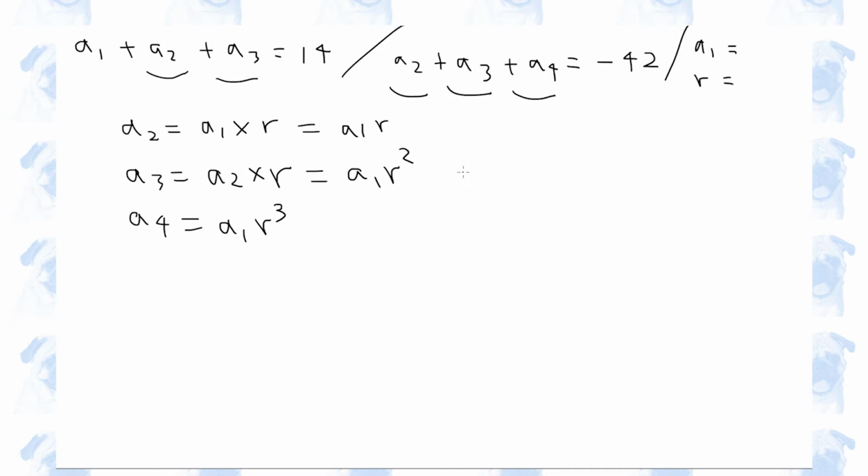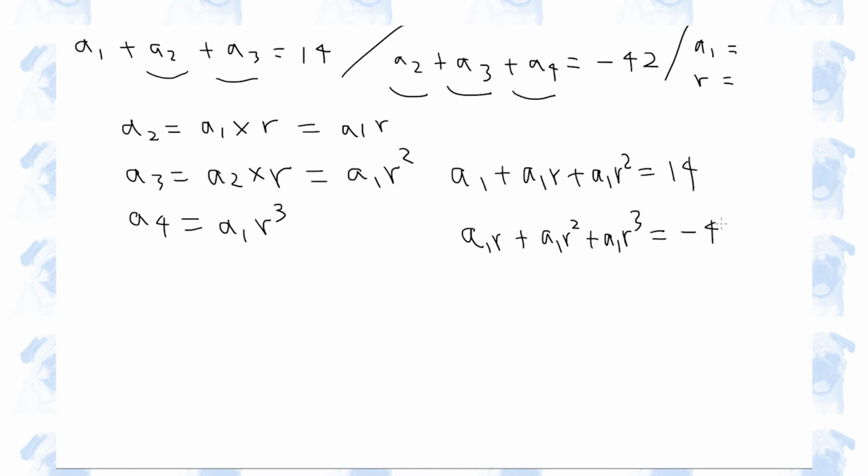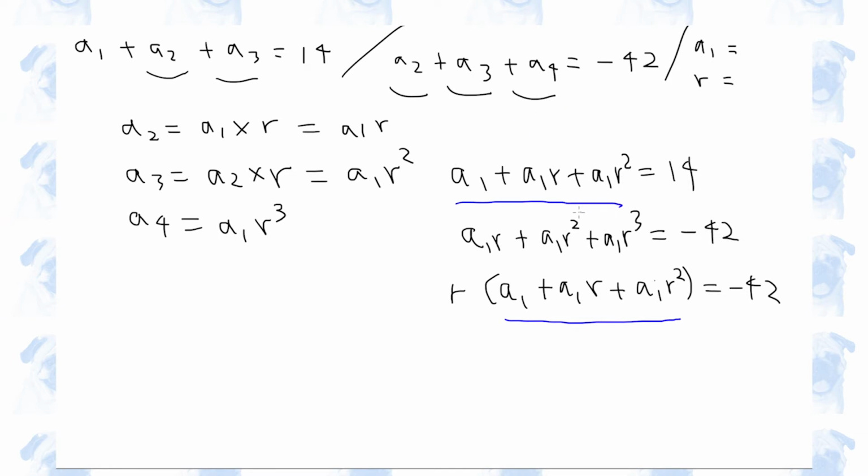So the first equation becomes a sub 1 plus a sub 1r plus a sub 1r squared equals 14. And the second equation becomes a sub 1r plus a sub 1r squared plus a sub 1r cubed equals minus 42. Now from the left-hand side of the second equation, let's factor out r. Notice that this expression inside the brackets is identical to the left-hand side of the first equation.